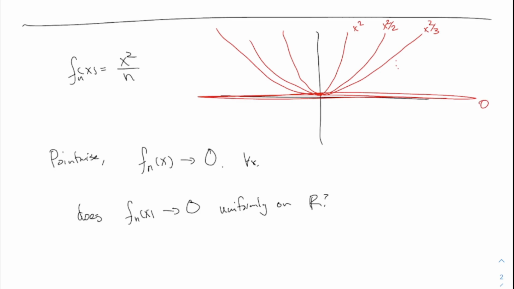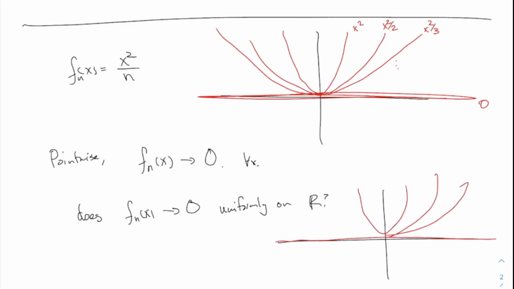Is the convergence uniform? Uniform on all of R would mean for the entire thing, here's what it converges to, and then here's all the other ones. Is it true that eventually all of these functions, their entire graph, falls within this little band here?